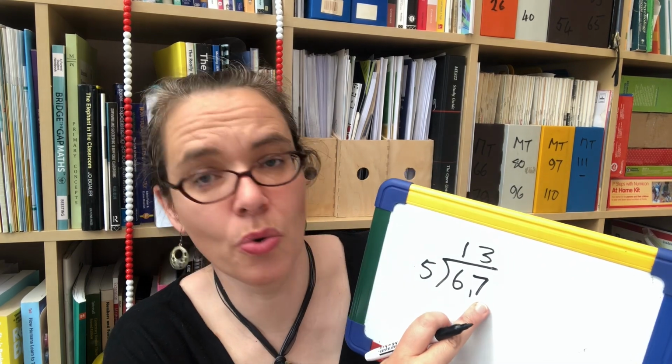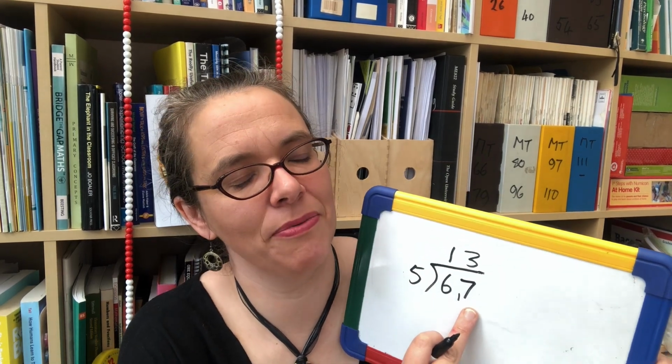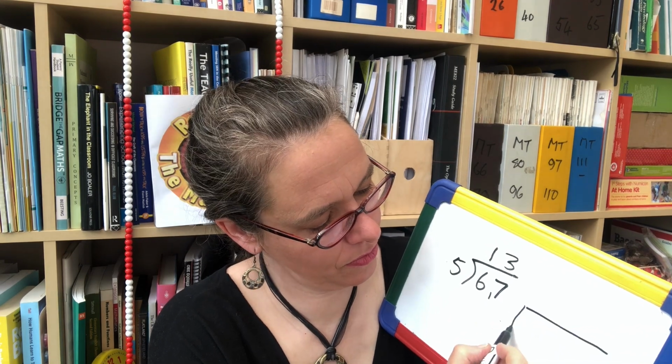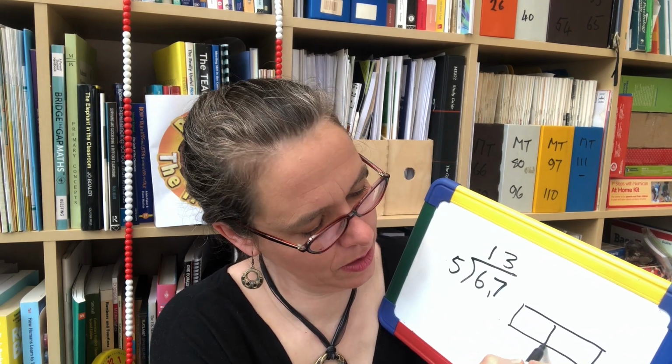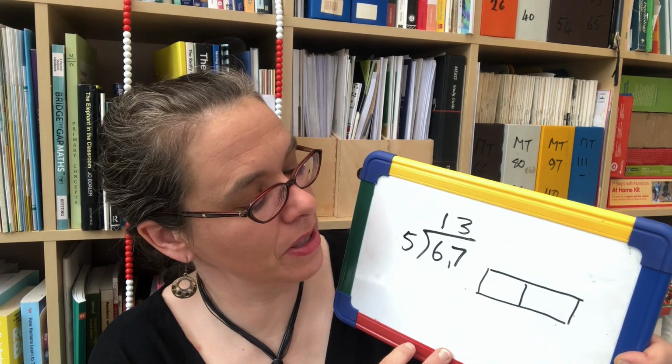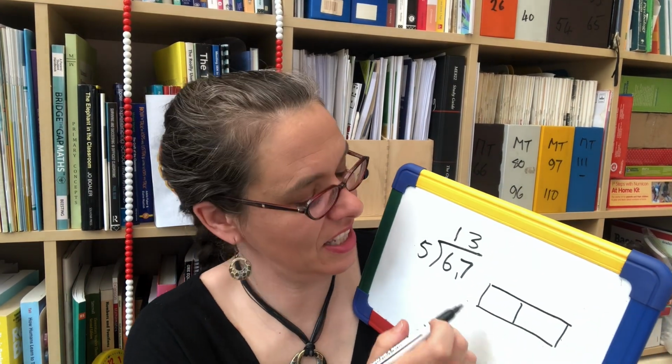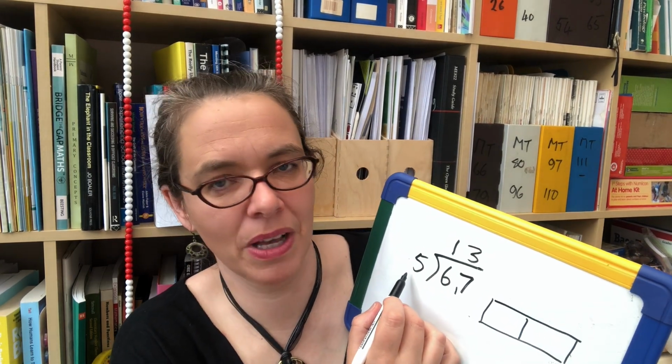So we've got to this stage and we've got 2 centimetres of ribbon left that we have not divided. The easiest way to imagine this is to cut each into 5 parts.